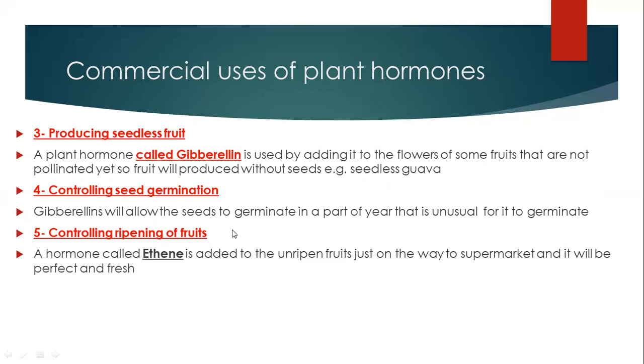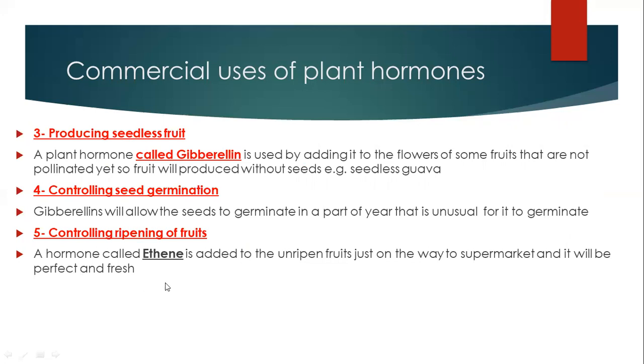Sometimes farmers collect these fruits before they are ripe and keep them in the refrigerator, trying to sell them at a time when the price would be higher than its regular time.